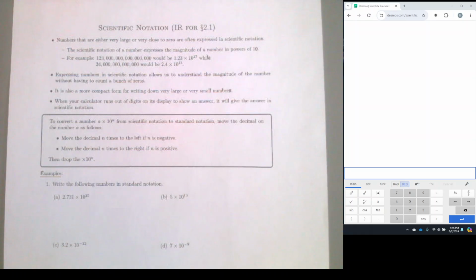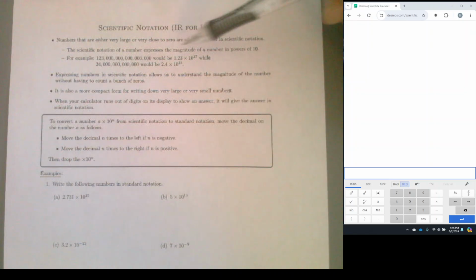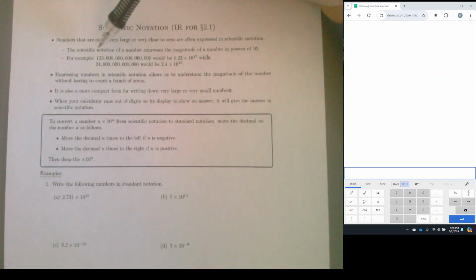Scientific notation is also helpful because it allows us to understand the magnitude of a number, right? How really large or really small the number is without having to count up a bunch of zeros. So for example, this number here, 123 followed by 15 zeros, would be expressed in scientific notation as 1.23 times 10 to the 17.